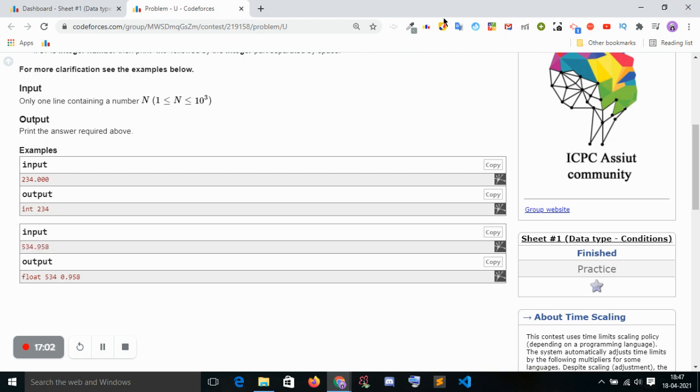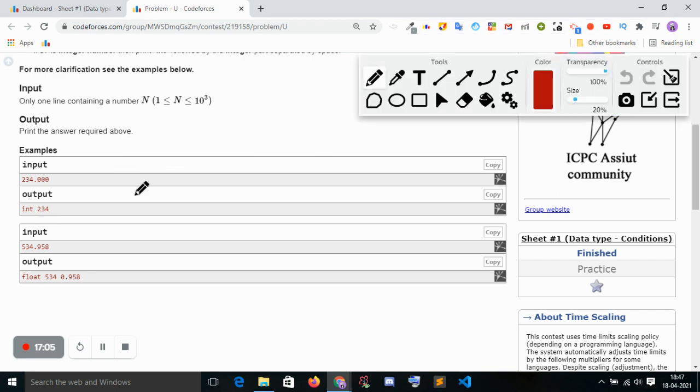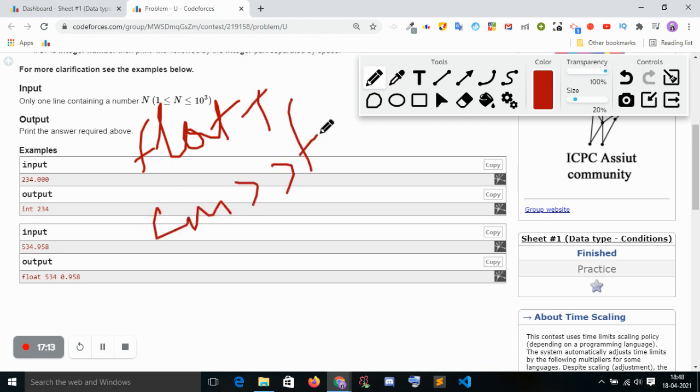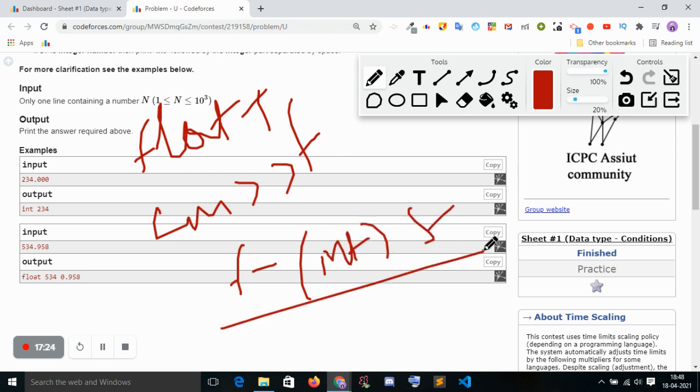So how do I do it? We'll take a float number, float f, and we know f minus int f. If I typecast int f, what number do we get? We get 0.000.